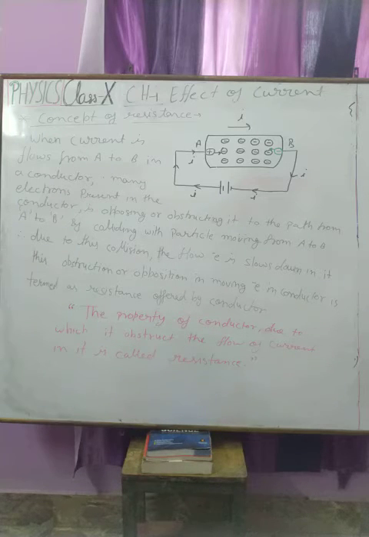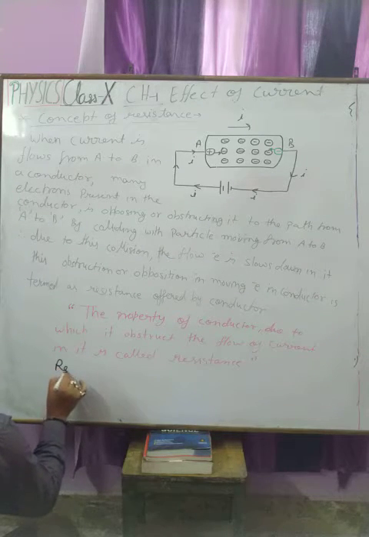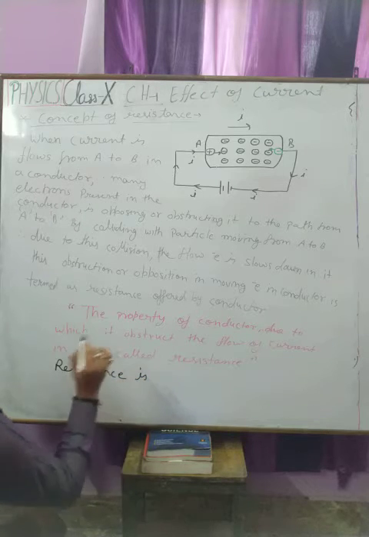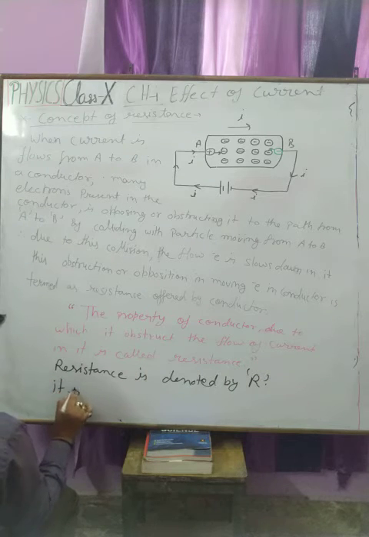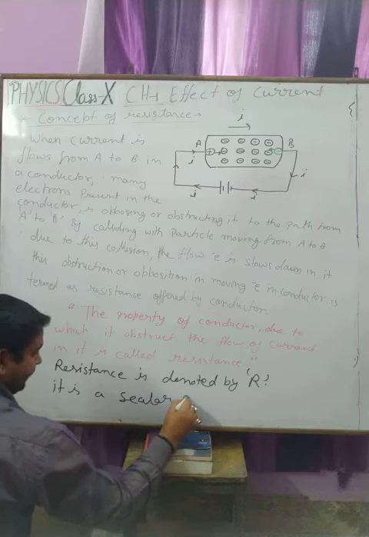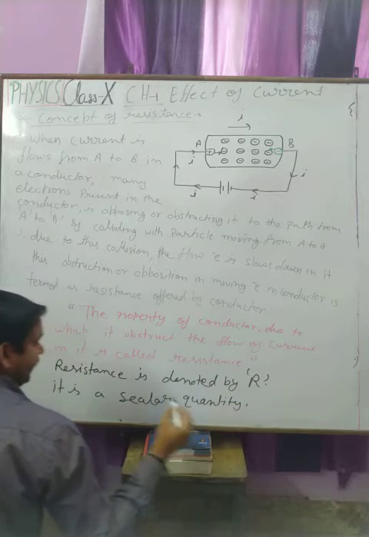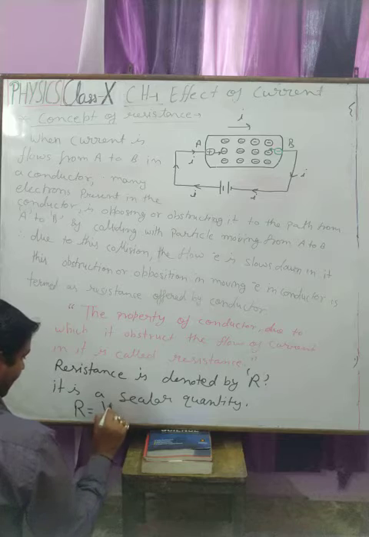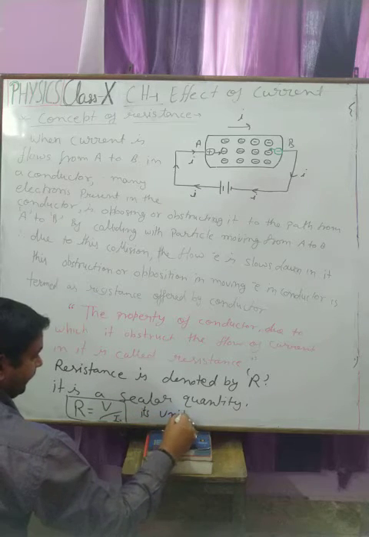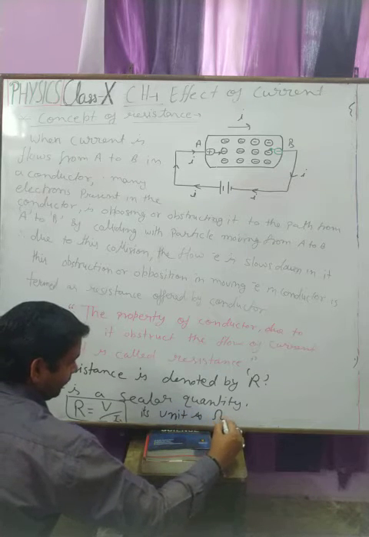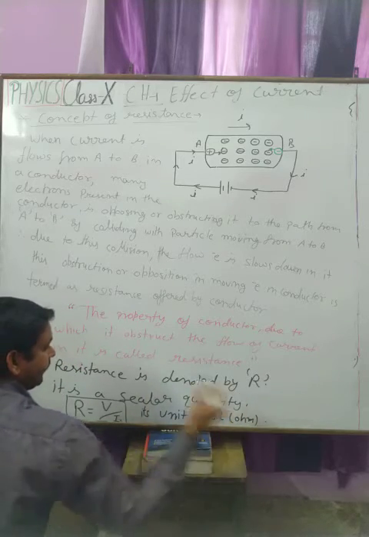Copy this. Resistance is denoted by capital R. It is a scalar quantity and given by R is equal to V upon I. Its unit is ohm. Copy this, student.